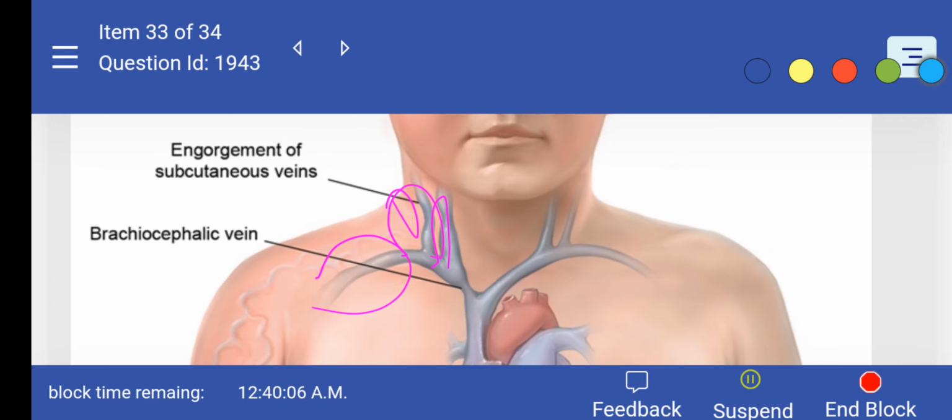The external jugular vein first drains into the right subclavian vein. Then the internal jugular vein and the right subclavian vein drain into the brachiocephalic vein. The left and right brachiocephalic veins drain into the superior vena cava. Good.